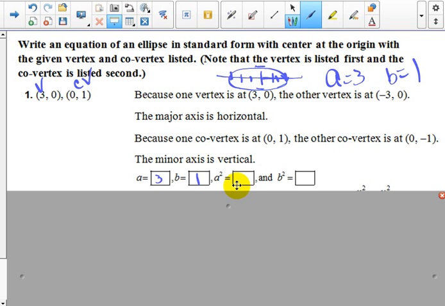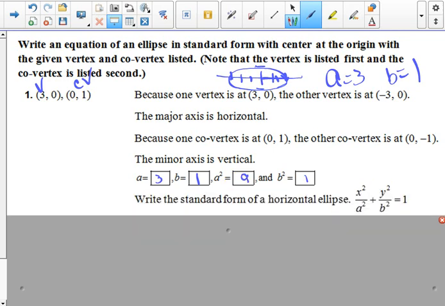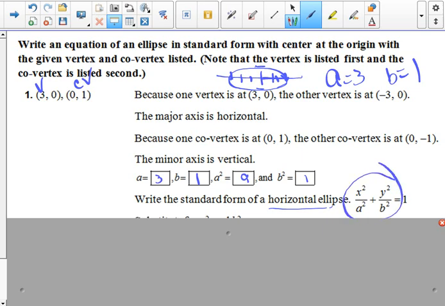So A squared, which is 3 squared, which is equal to 9, and B squared, which is 1 squared, is equal to 1. So now, write your standard form, which they've done for you. There it is, of a horizontal ellipse. X squared over A squared plus Y squared over B squared equal 1.